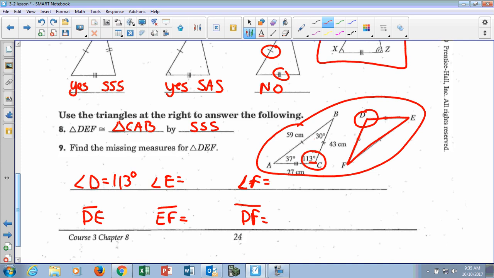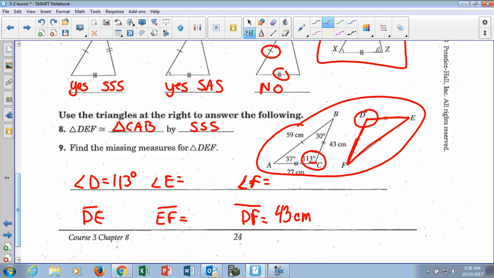You can pick a side too. You don't have to necessarily do angles. Martina? Okay, DF is the same as what? As BC, right? So DF has to be what? 43 centimeters. Good.